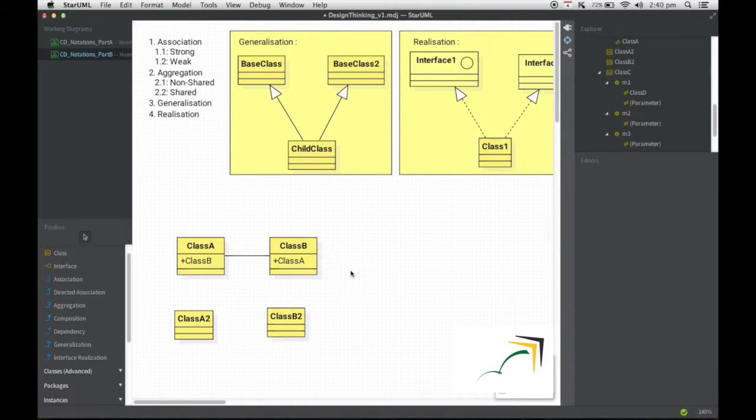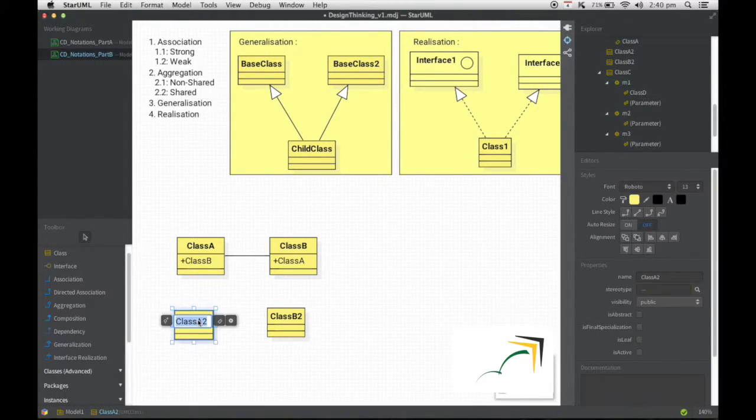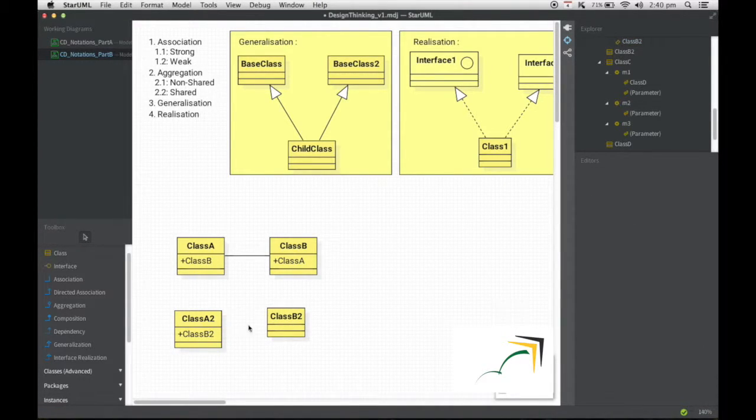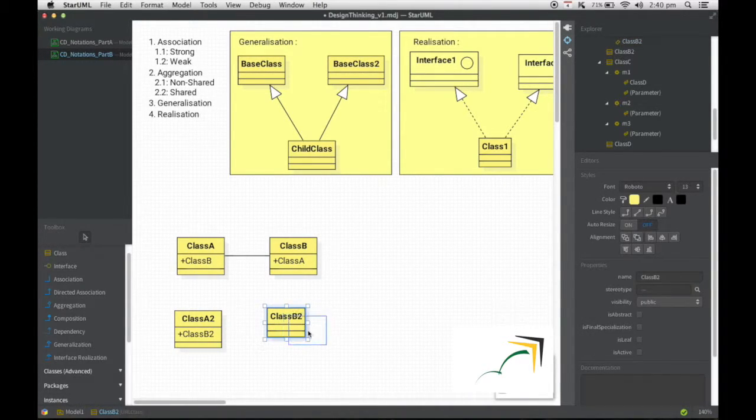But what we might actually do a lot more often in the programming we write is that class A2 might have a reference to class B2, but B2 doesn't have a reference to class A2. So this is what we call a unidirectional association or a directed association.